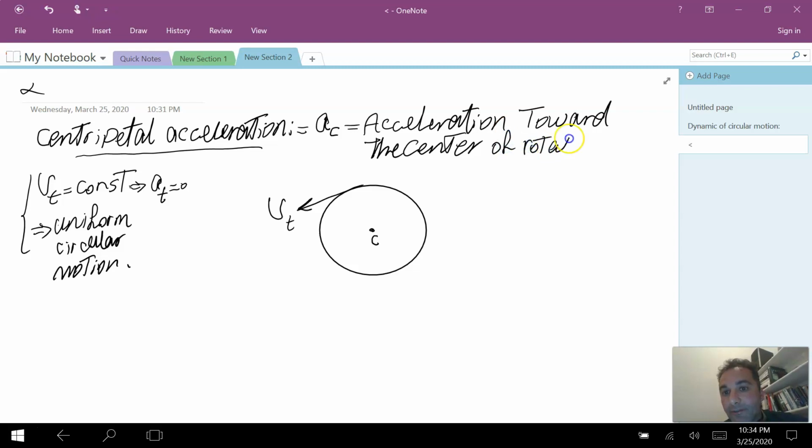Please pay attention here. That means if an object rotates on the circle, it has 100% tangent velocity.